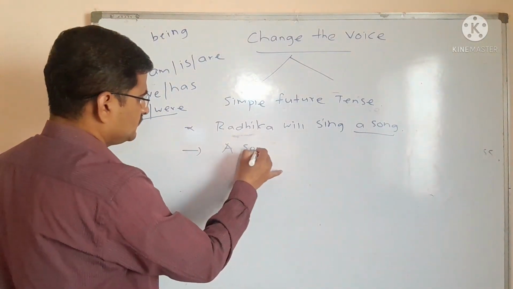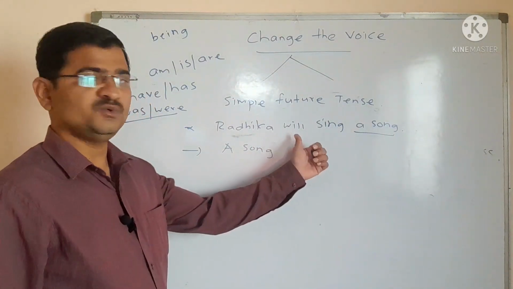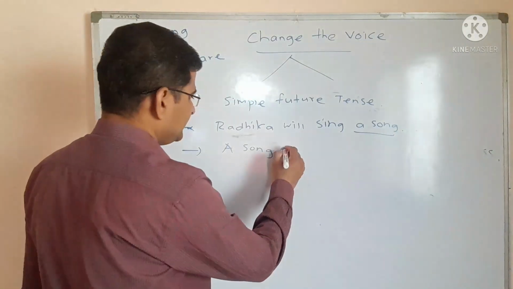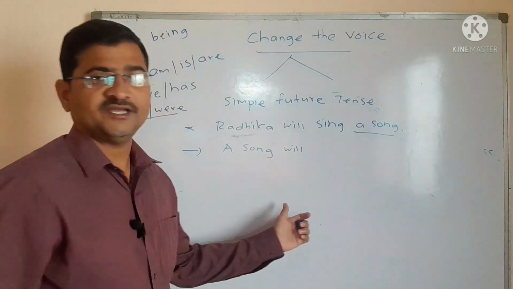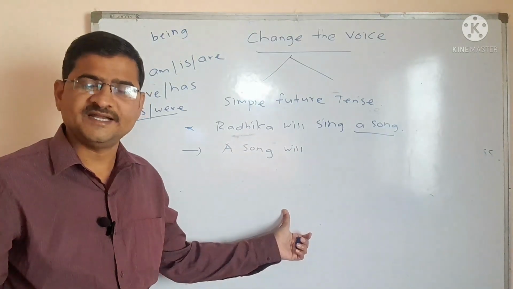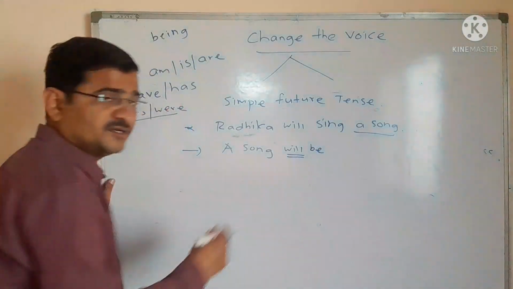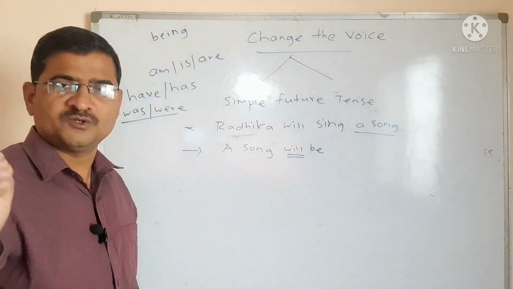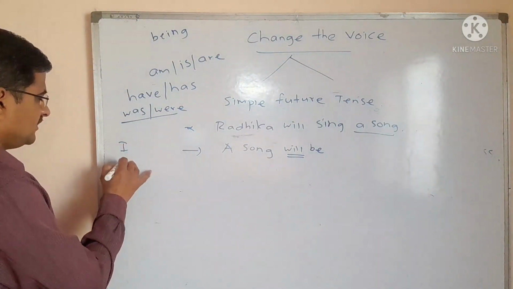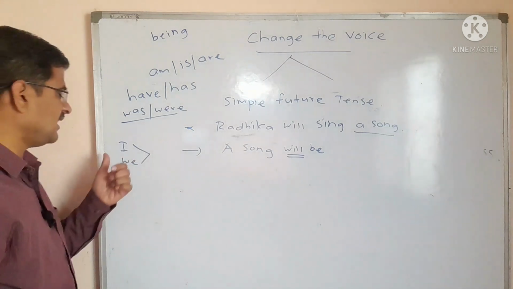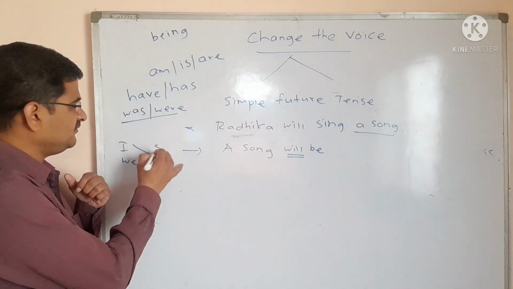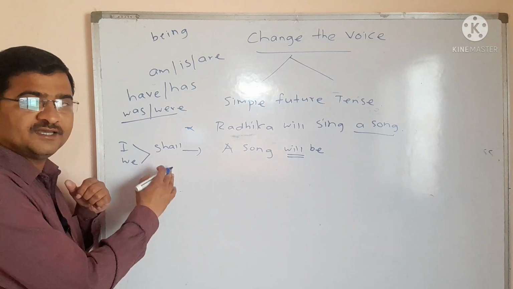A song. After that you have to use will. Here you have to make use of one word, that is be. Here, what rule is there for the helping verb? Generally if the subjects are I or we, after them you have to use the helping verb shall.